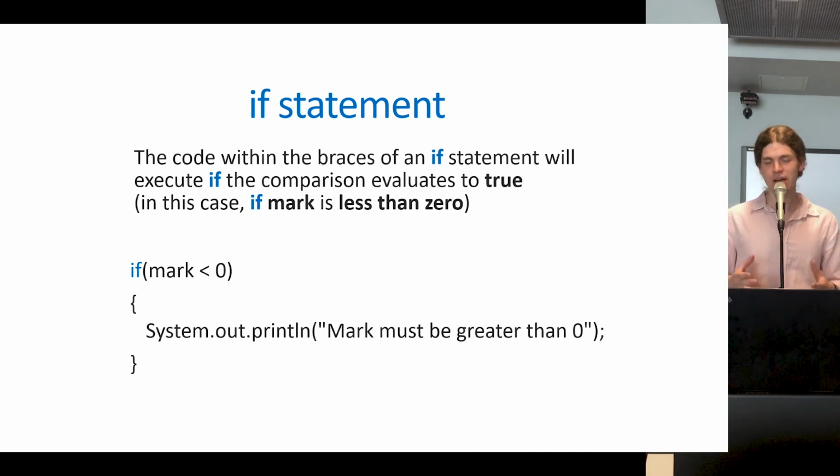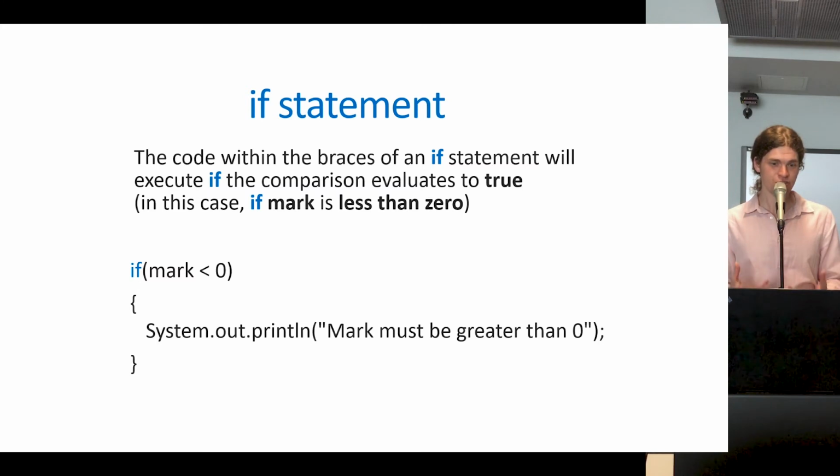Here is where we would provide a comparison of some kind to evaluate whether or not we want to perform a piece of code. In this case, we're testing to see if the value of mark, this variable, which we can assume is an integer, is less than 0.